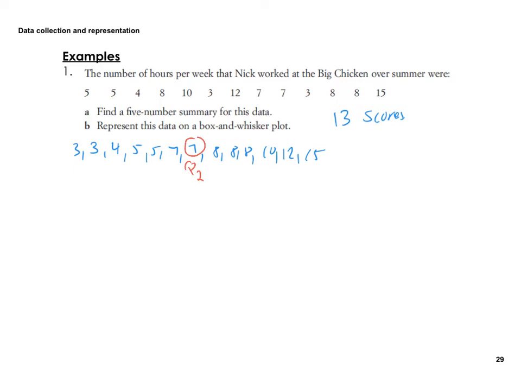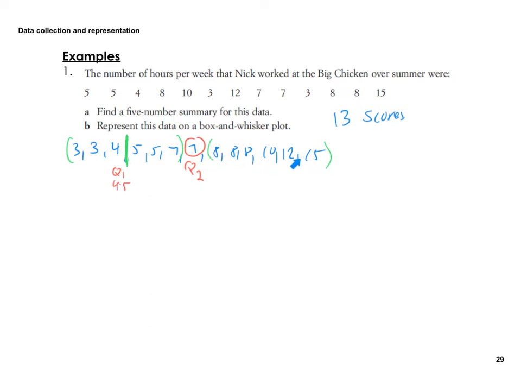Now I want the middle of that and the middle of that. And the middle of this, there are 6 numbers, which means the middle is my 3.5 number. So my middle is right here, which is going to be 4.5, because you can see it's between 4 and 5.